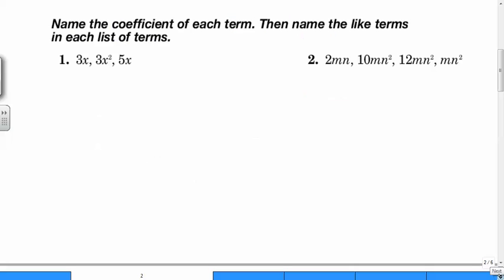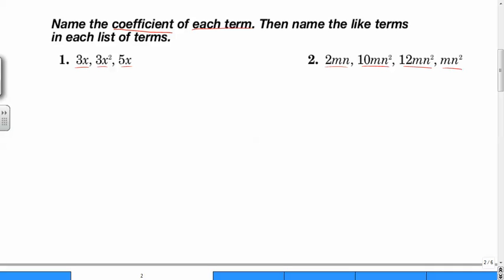Okay. Now, quick review: when you say coefficient of each term, well, each one of these numbers is a term if you add or subtract. Be careful, only when you add and subtract, because if you multiply them, they are called factors.